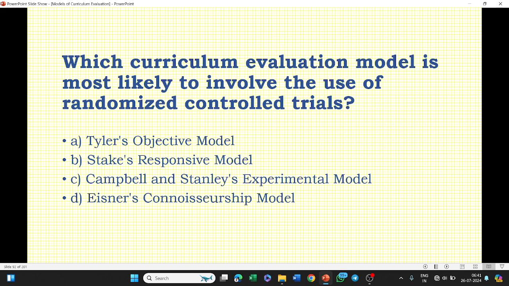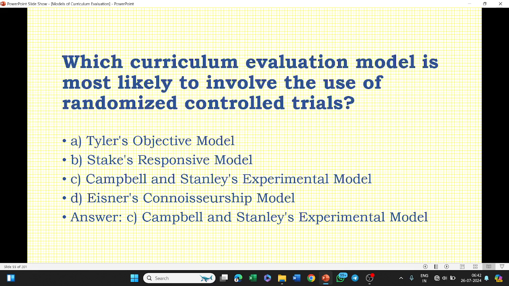Which curriculum evaluation model is most likely to involve the use of randomized control trials? Options: Taylor's objective model, Stake's responsive model, Campbell and Stanley experimental model, Eisner connoisseurship model. Answer of this question is option C, that is Campbell and Stanley experimental model.